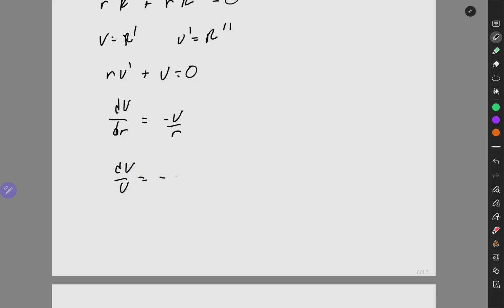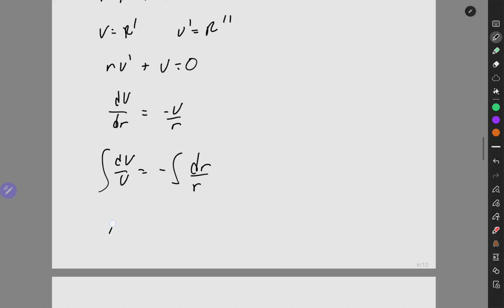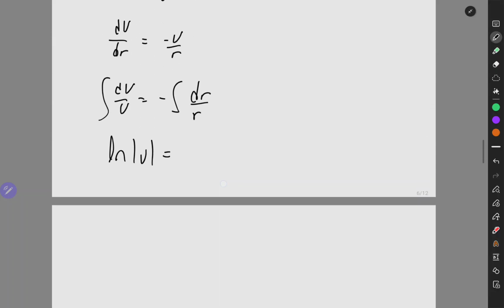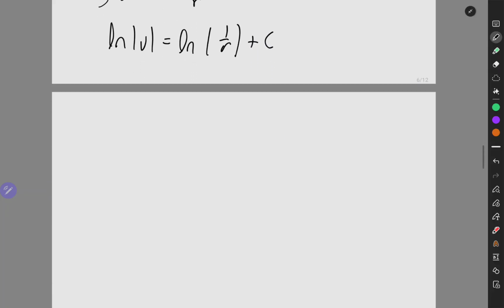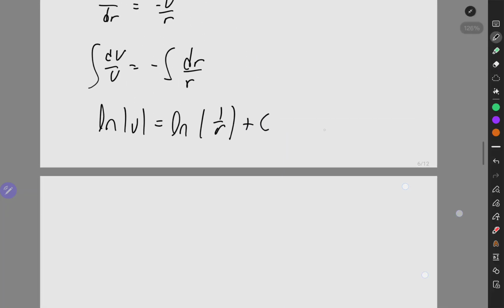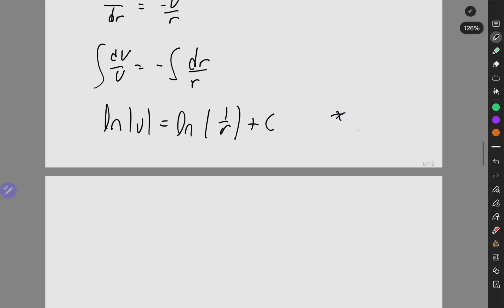Move the v over, move the dr over, and integrate both sides. The natural log of v is equal to the natural log of 1 over r plus c. We know that v is equal to c over r.